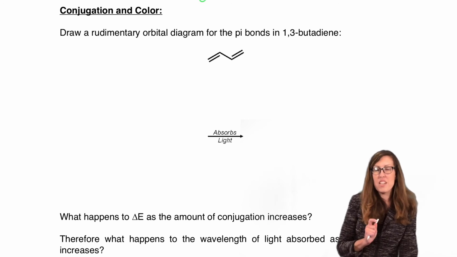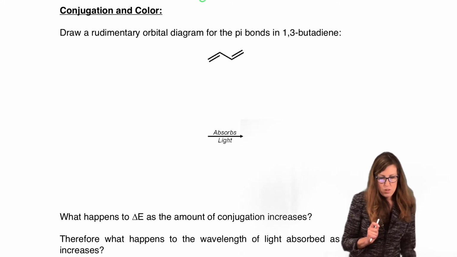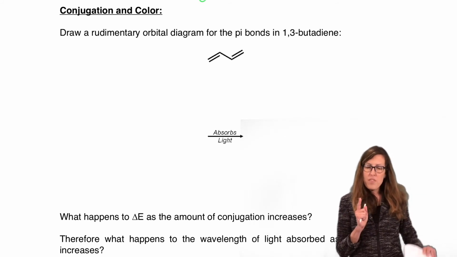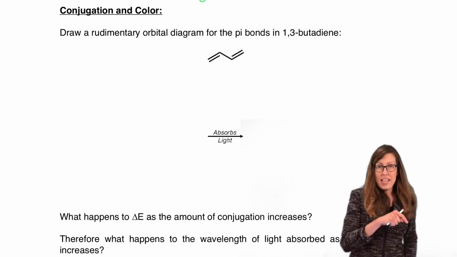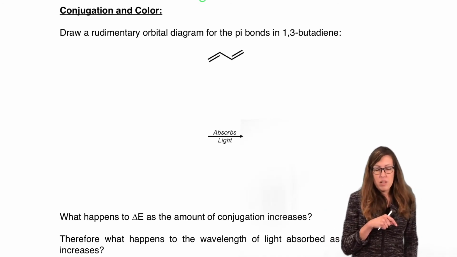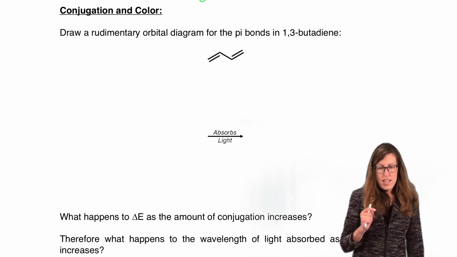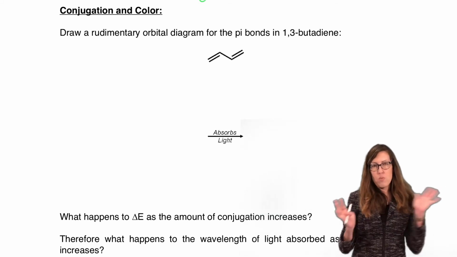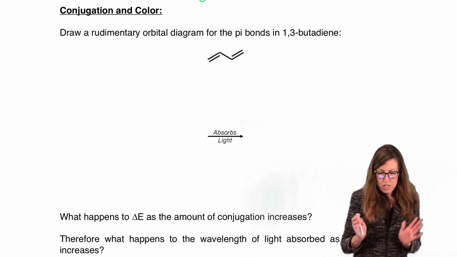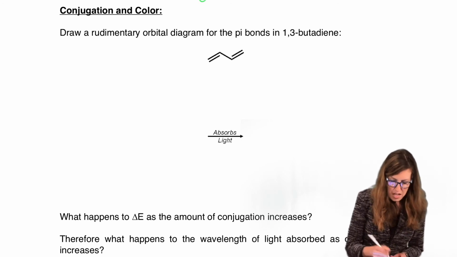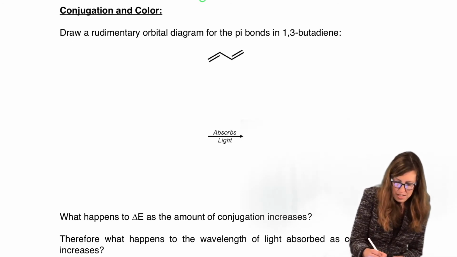Usually it's extended conjugation, so quite a bit of conjugation. To understand why we have color, we have to go back again to our orbital diagram. It comes down to electronics. I'm not going to write all the phases of the orbital cartoons again, because we did that once already in this video.